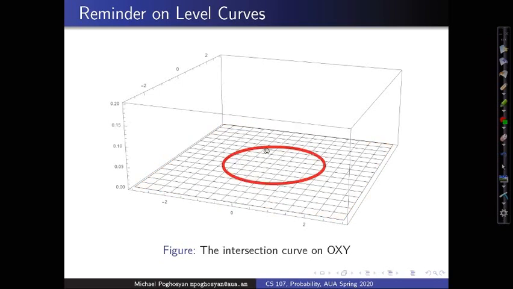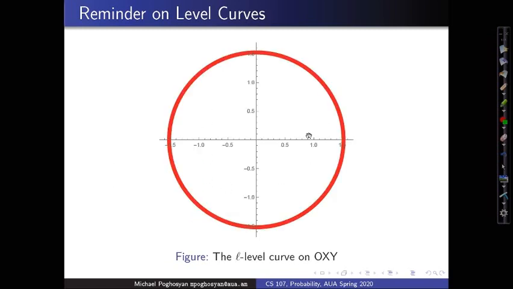And this is the L level, in our case the 0.05 level curve for our function f(x,y). And of course we are representing that in the xy-plane as usual. So this is that level curve. And usually we are writing on this curve the level for which it is calculated. So we are writing L equals 0.05, or just writing 0.05.